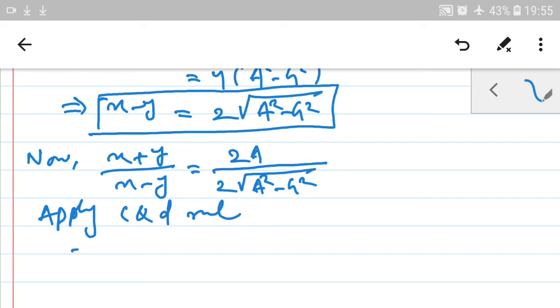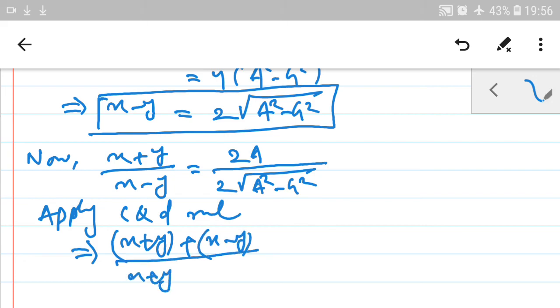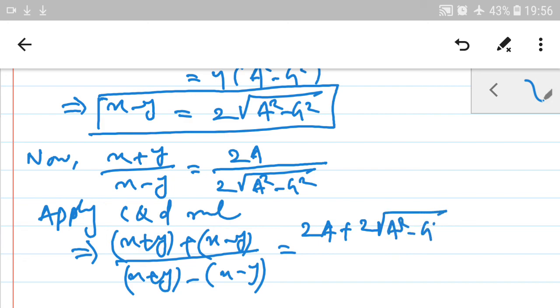If I apply componendo and dividendo rule, this is x plus y plus x minus y divided by x plus y minus x minus y, is equal to 2A plus 2 root under A square minus G square divided by 2A minus 2 root under A square minus G square.